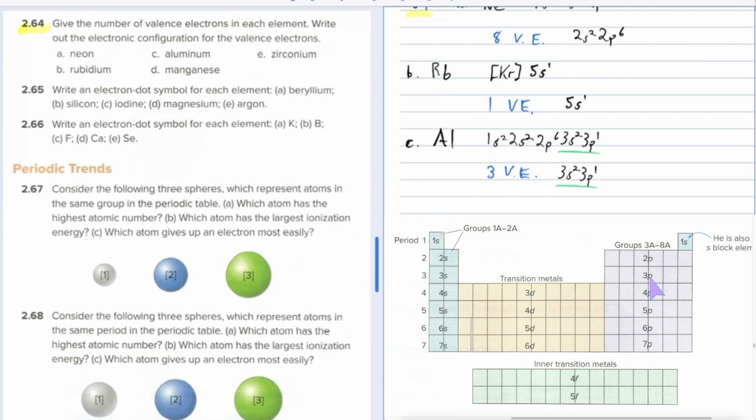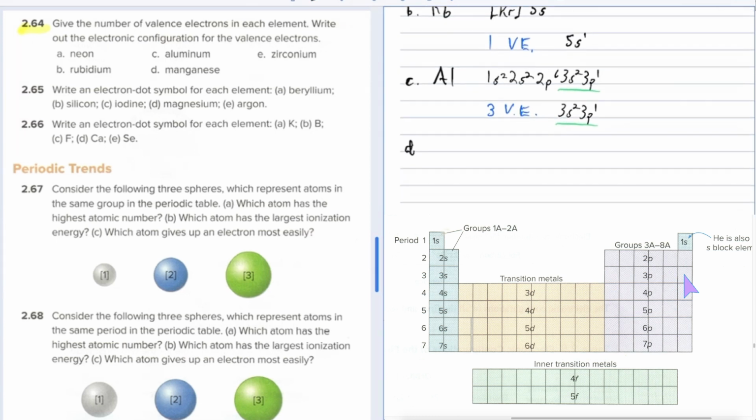That one is argon. So for manganese, you start from argon, and then you continue on in manganese's row: 4s2, 3d5.